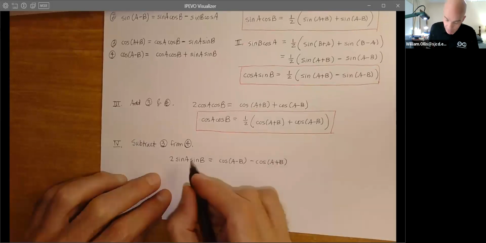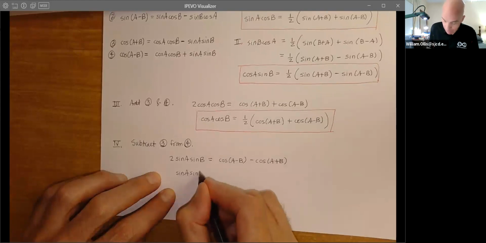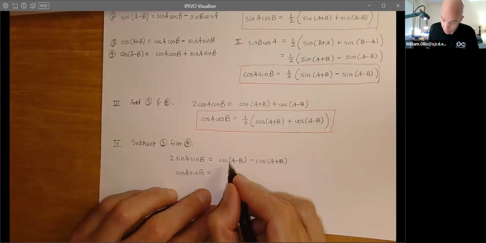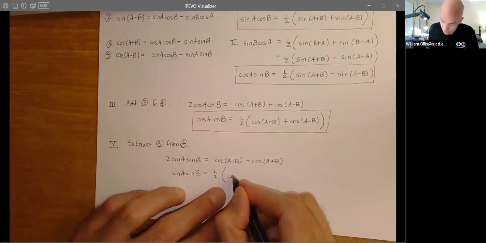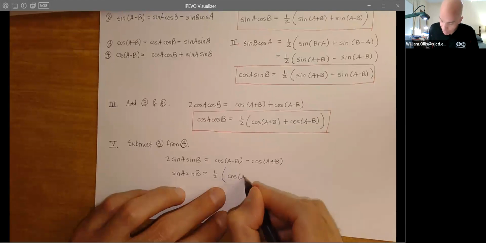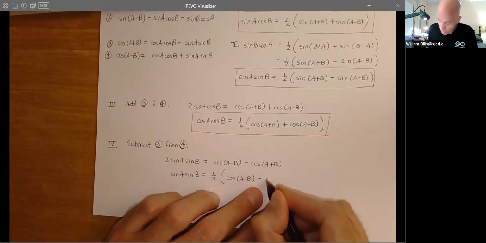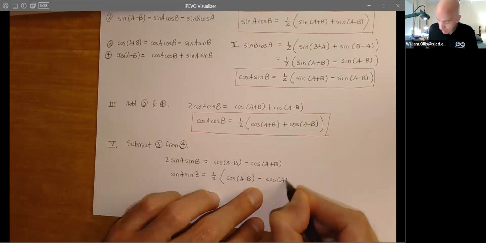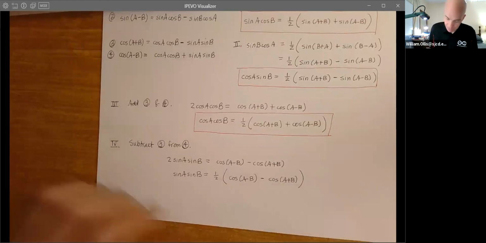So we get divide by 2, sine A, sine B equals 1/2 cosine A minus B minus cosine A plus B. That's the last one for this set.